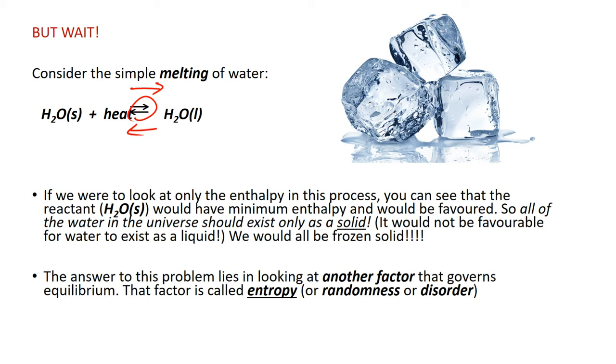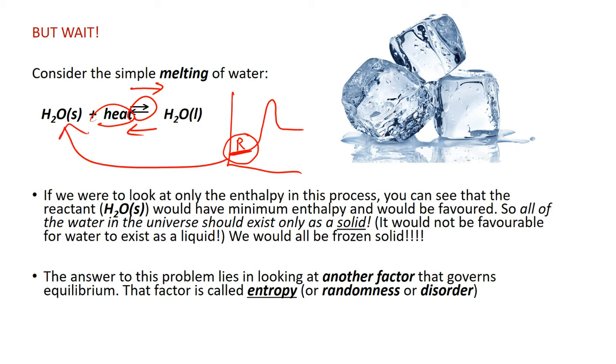If we look at enthalpy here, well, we know that it takes heat, takes energy to melt this, right? It takes some energy. So that's an endothermic process. And endothermic reactions have lower enthalpy on our reactant side, which is our solid water, or ice in this case. That would mean that we should favor that left-hand side.